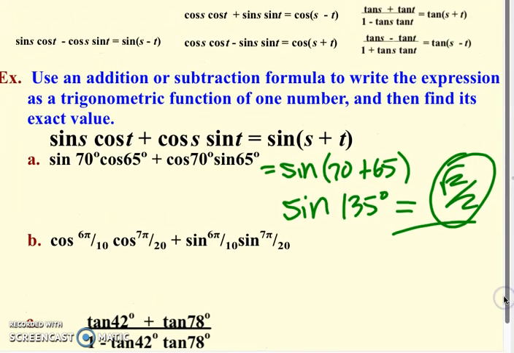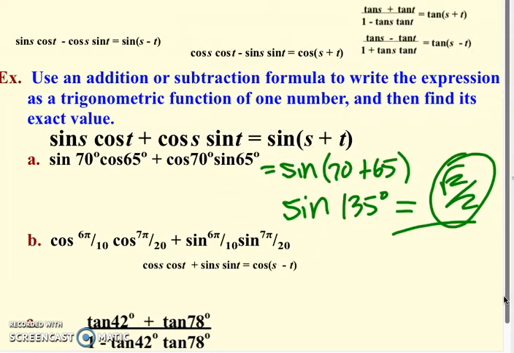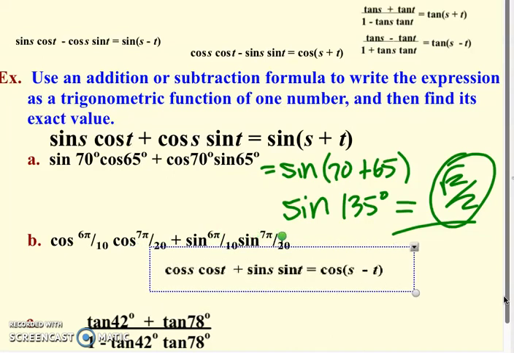Okay, so if we look at the second one, a cosine cosine plus sine sine is a cosine difference formula. All right, this happens no matter what you're doing. I can grab it here. There we go.